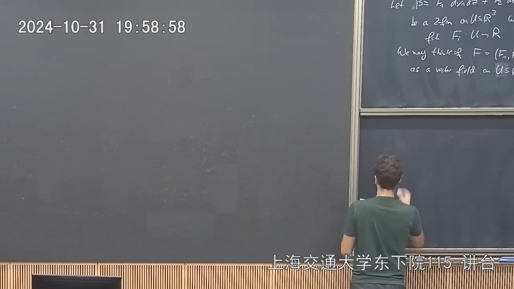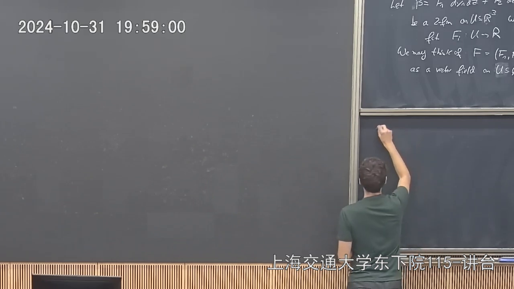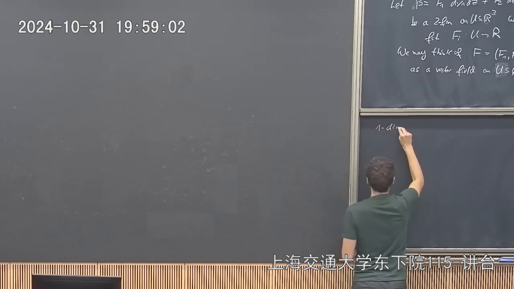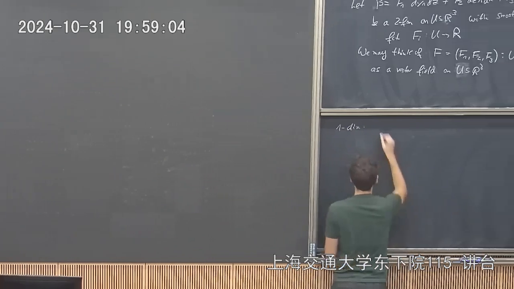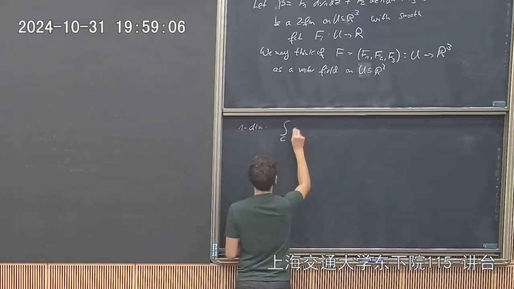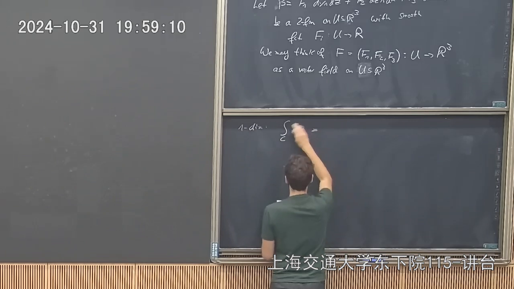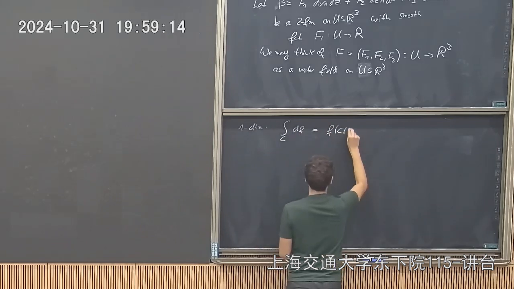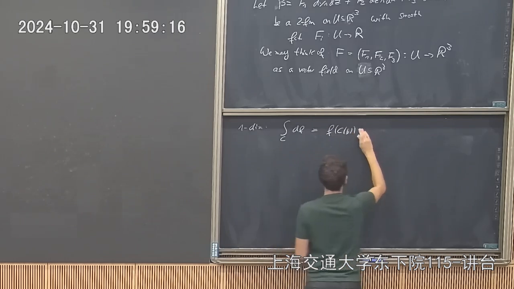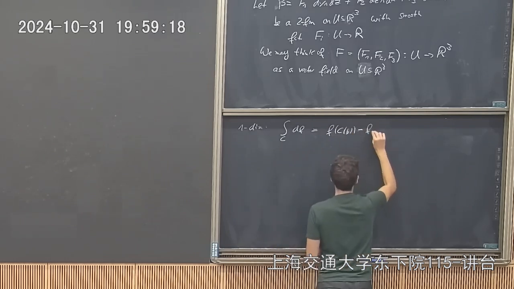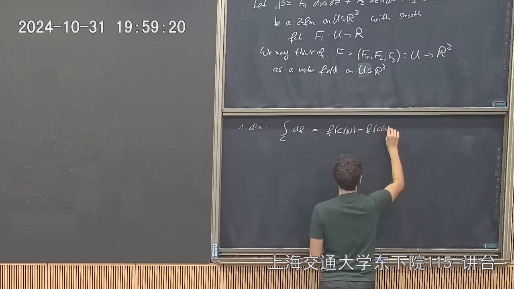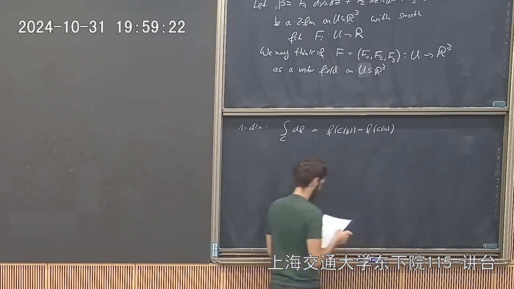So the one-dimensional case, or the degree 1 case, would be: you have the integral of a one form which is exact, equal to just f evaluated at the endpoints.